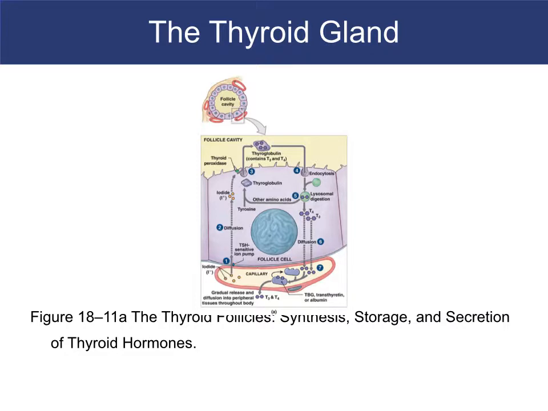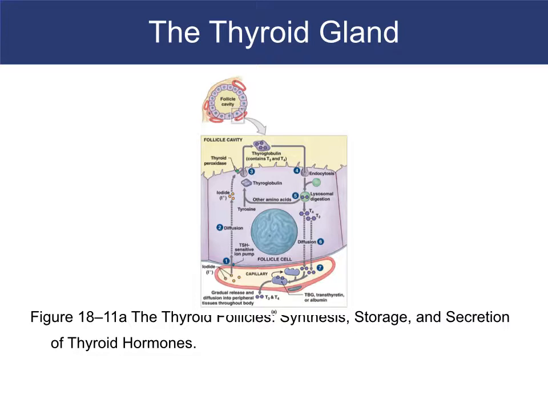This is a thing that I would like you to look over. You notice that there's a blood vessel on the outside. Here's the layer of follicular cells, one cell layer thick. And then here's the middle of the follicle. The follicular cavity is illustrated up here by this pale yellow.